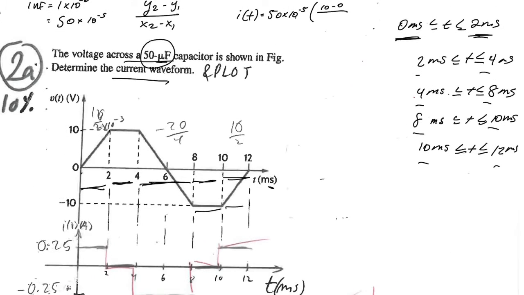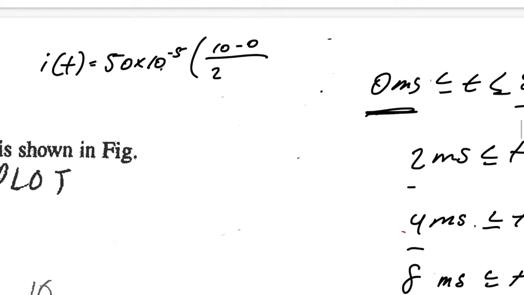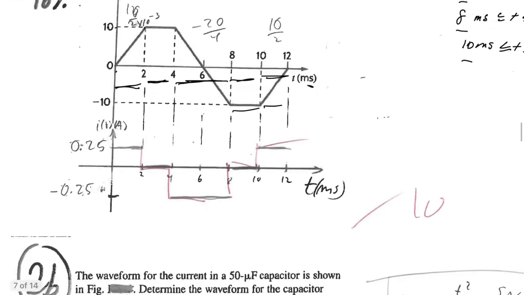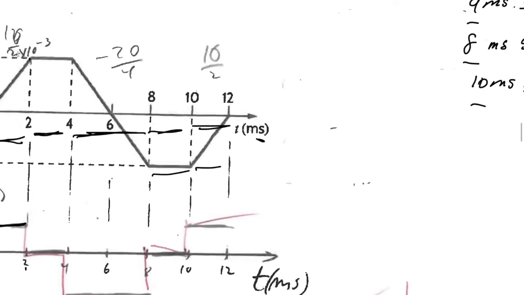The x is 2 minus 0. And this is in milliseconds, so it's actually going to be 2 times 10 to the negative third. When you plug it into Mathway, it's going to be 0.25 amps. And so we can draw that here as 0.25 from 0 to 2.